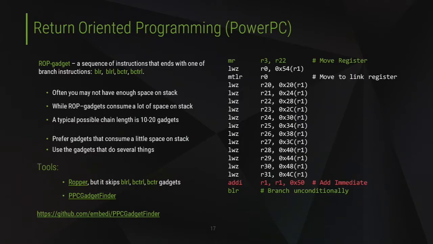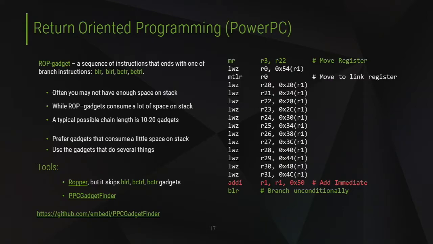It's quite possible you will have too little space on the stack to put your ROP chain, because if you write too much data, you will corrupt heap metadata, and the check heaps mechanism will reboot the device. Also, a ROP gadget may consume a lot of space on the stack. A good example of this is the gadget on the slide. It just copies a value from the R22 register to the R3 register, but this gadget consumes 80 bytes.